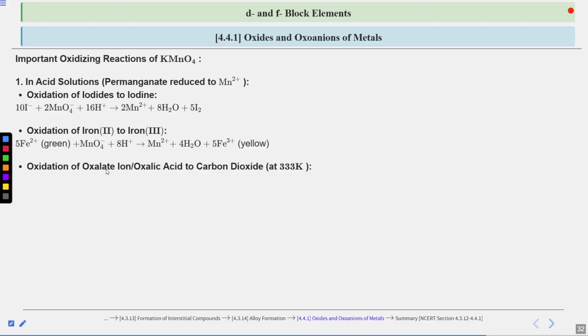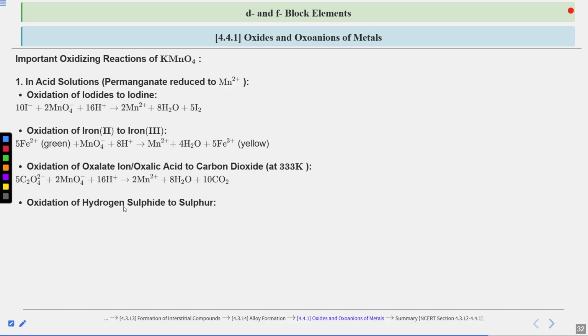Third is oxidation of oxalate ion or oxalic acid to carbon dioxide at a particular temperature, where 5 C2O4 2 negative reacts with MnO4 negative and 16 protons, giving Mn2+, 8 water molecules and 10 carbon dioxide molecules. So oxalate ion converts to carbon dioxide, and the permanganate is reduced to Mn2+.